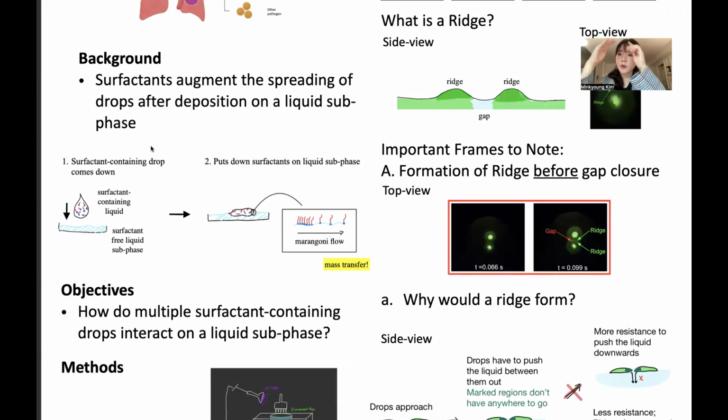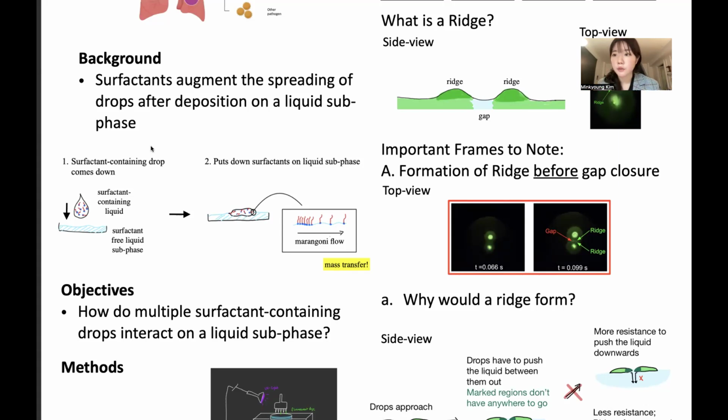As the drop gets deposited, right between the surfactant drop and the surface, we would have a boundary where we would see some concentration gradient in the surfactants, because our surfactant-containing drop has a lot of surfactants, whereas the surface is initially clean and surfactant free basically.